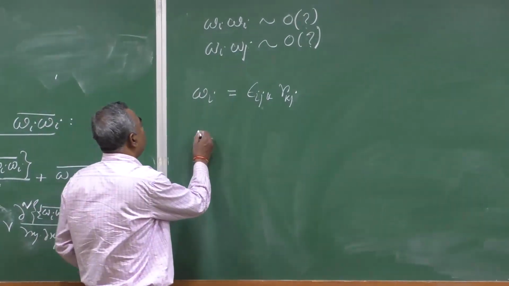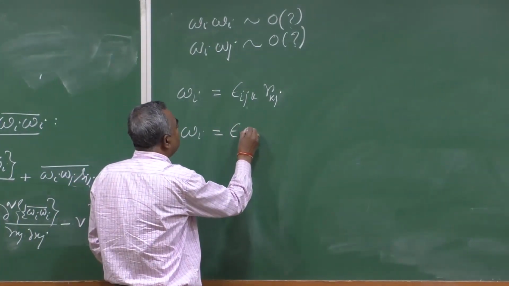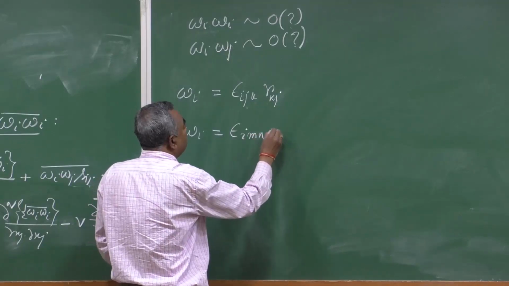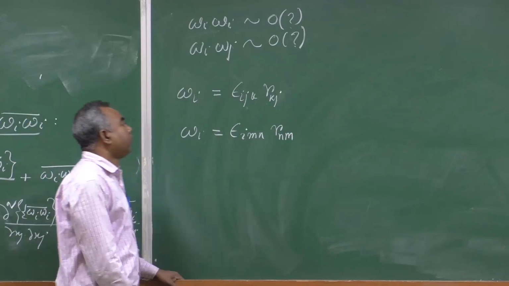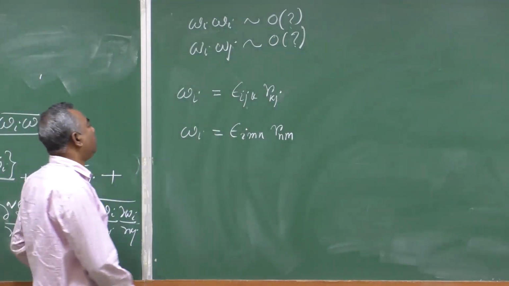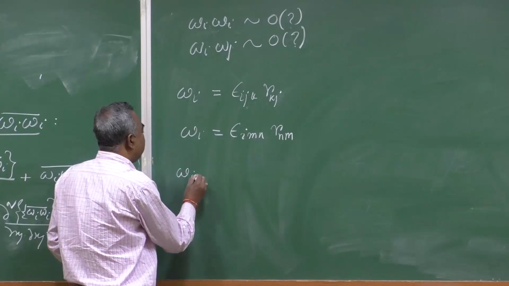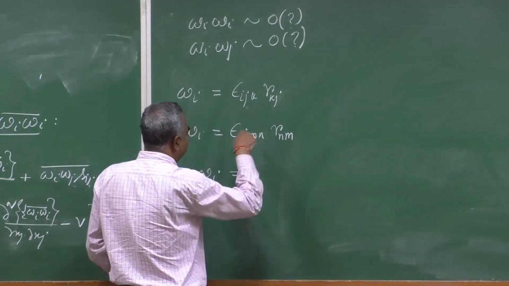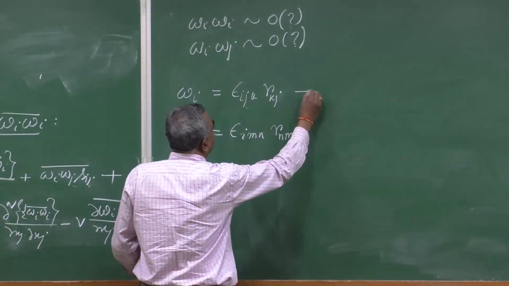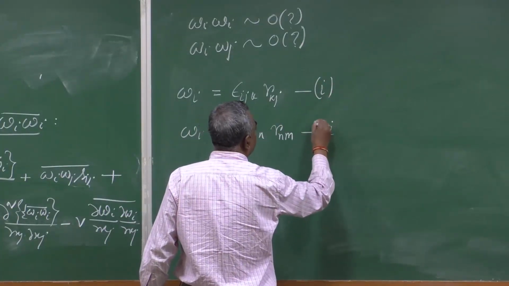Okay. Similarly, omega I we can write, since these two are dummy indices, as epsilon I m n r n m, same thing. Now, to find out omega I times omega I, what we can do is just multiply these two equations, equation 1 and equation 2.